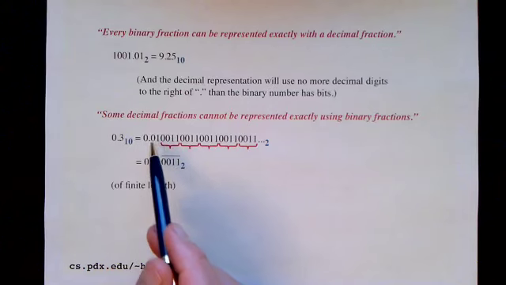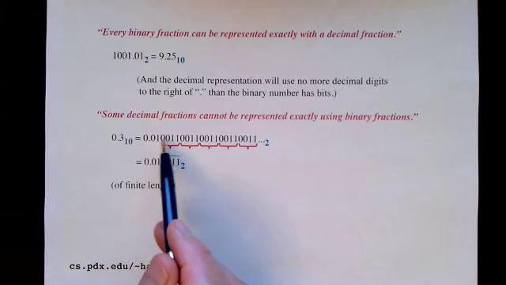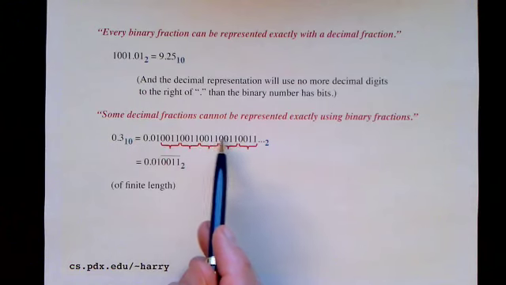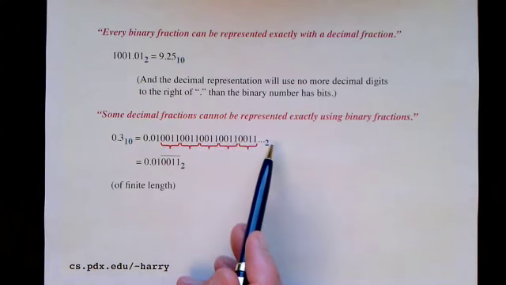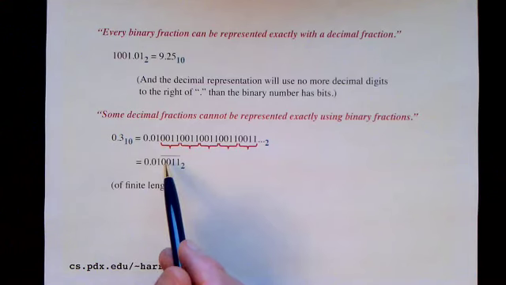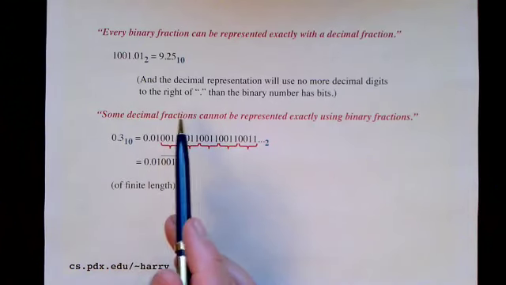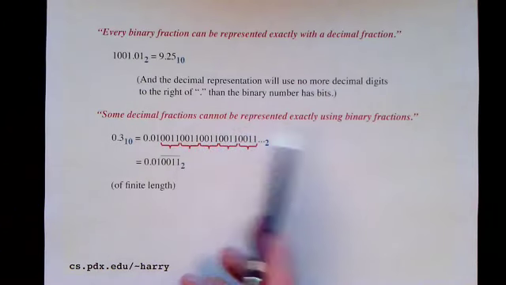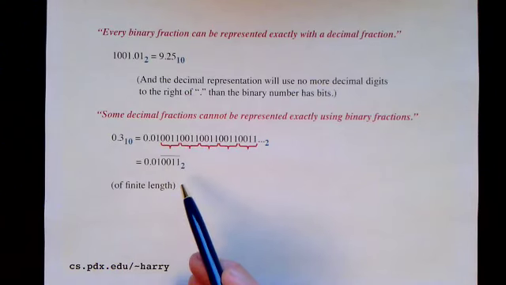The number is 0.01, 0011, 0011, 0011, 0011, and that repeats forever. In some mathematical notations, we write this number with a bar over the part that repeats. So decimal fractions cannot always be represented exactly using binary fractions, and we should say of finite length.